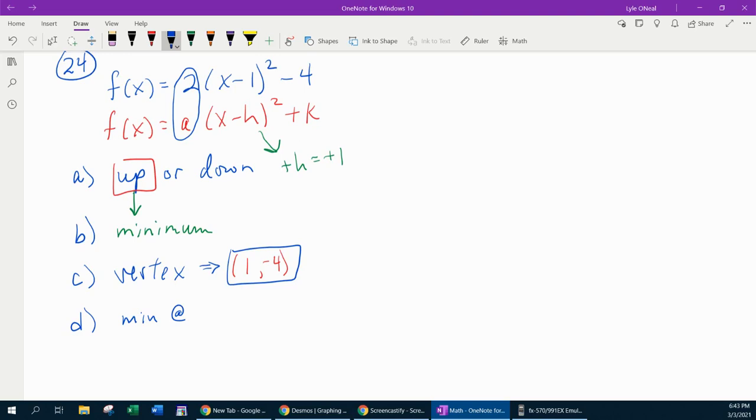So our minimum occurs at 1, but we have a minimum value of negative 4. The minimum value is the y coordinate of the vertex, but the minimum occurs at the x coordinate of the vertex. And so that makes knowing the vertex kind of important.